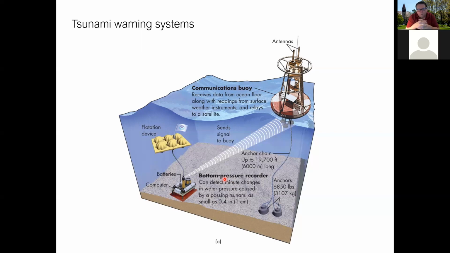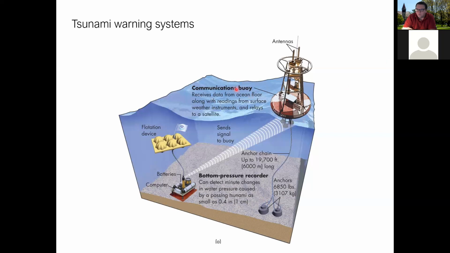It's probably not enough for one pressure recorder to observe this, but given there are enough of these in the network, they can predict where a tsunami occurred. They can also look at the relative displacement. Although they can only determine a displacement of about 1 centimeter, they can give you an indication of the magnitude of the tsunami at the time.